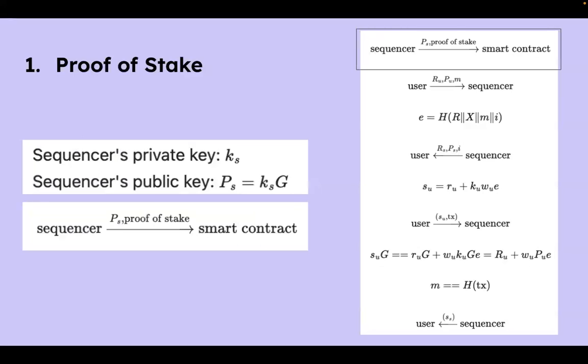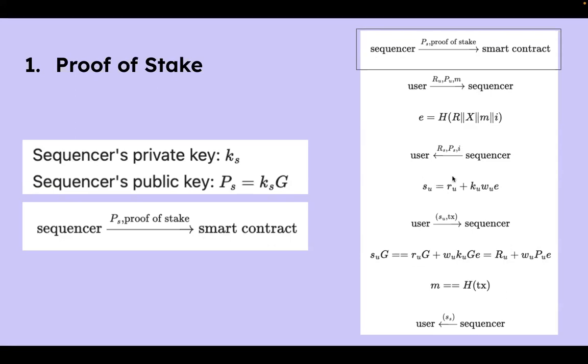Using this MuSig protocol, now I want to introduce the detailed protocol about how the Schnorr sequencer works. At first, the sequencer definitely should do some proof of stake, because if we submit a challenge, the sequencer should be able to be slashed.